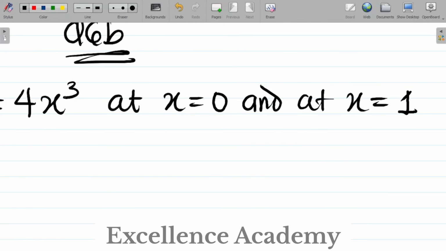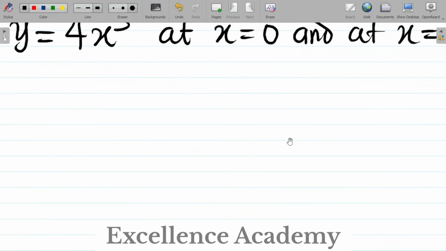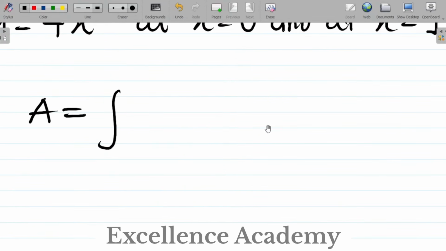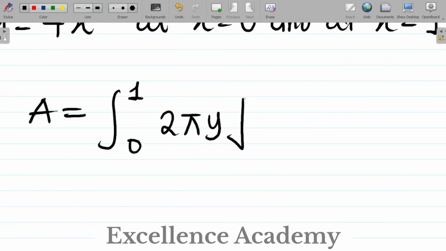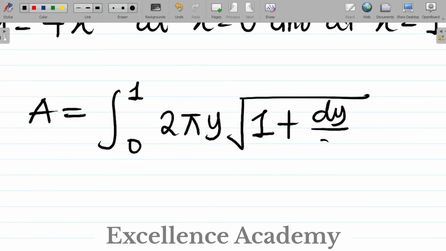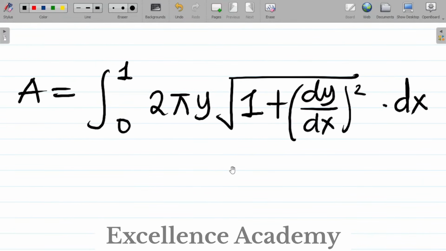Now, in solving this question here, you want to take note that the formula for finding area A is equal to the integral of the limits, which are x equal to 1, the upper limit, and x equal to 0, the lower limit. And the formula there is 2 pi y into the square root of 1 plus dy over dx all squared, dx. So this is the formula to solve this question.